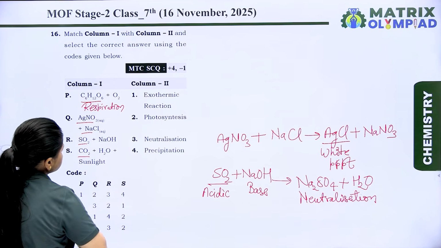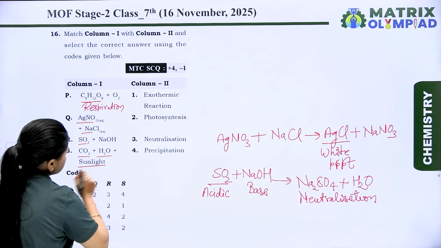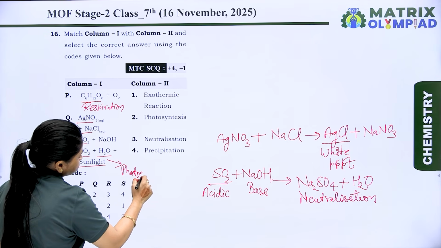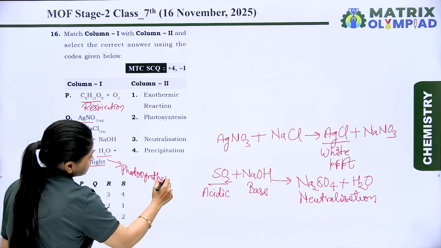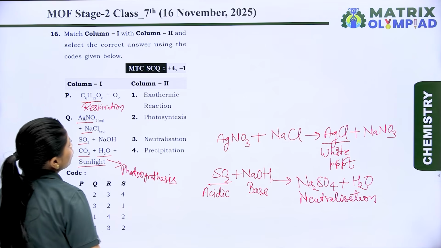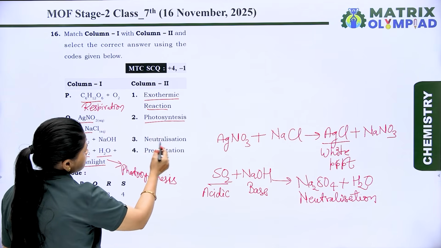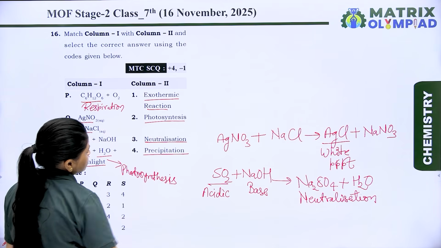Now CO2, H2O, sunlight, and this is photosynthesis. Now column 2 has exothermic reaction, photosynthesis, neutralization, precipitation.